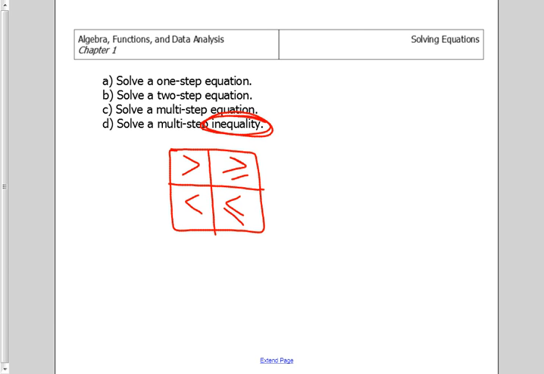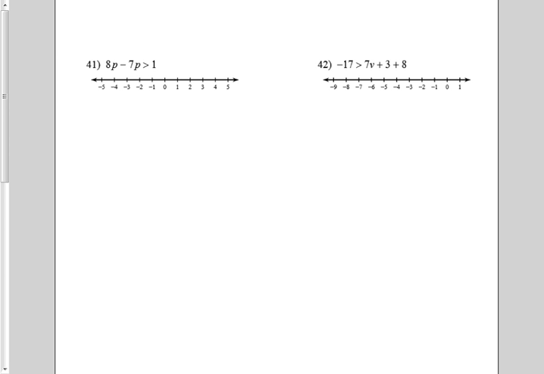The process of solving will be similar, but because we're dealing with these symbols, we're going to have to make a couple alterations. So as we move on in our packet, we can see in these questions, the first part is that we are given an inequality.